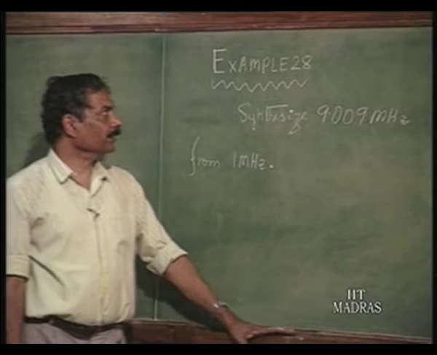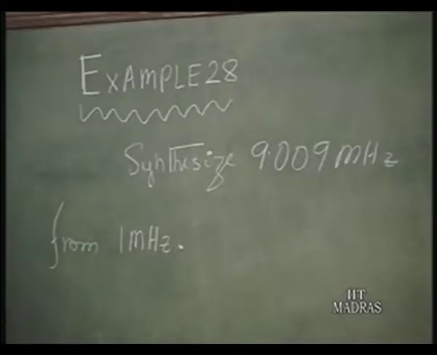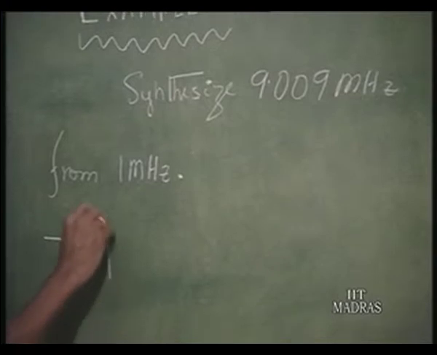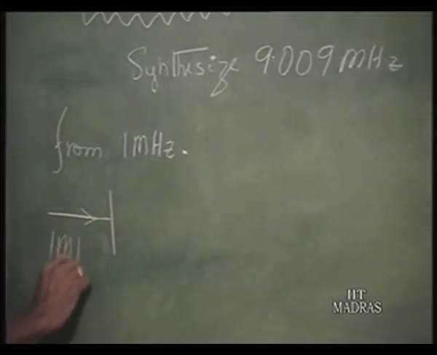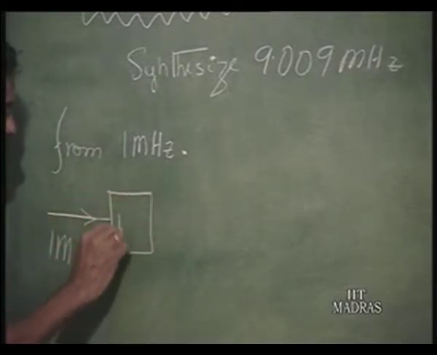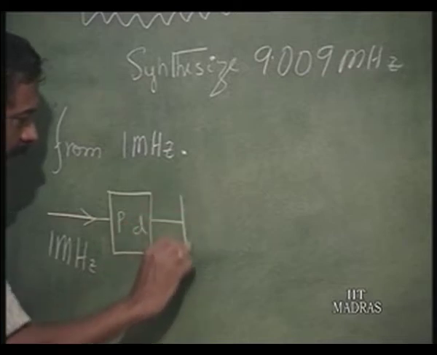Let us consider this example 28. Synthesize 9.009 megahertz from 1 megahertz. So, 1 megahertz is the crystal frequency, let us say, that is given to you, and I have to generate first 9 megahertz. That is fairly easy by putting it through a phase lock loop.